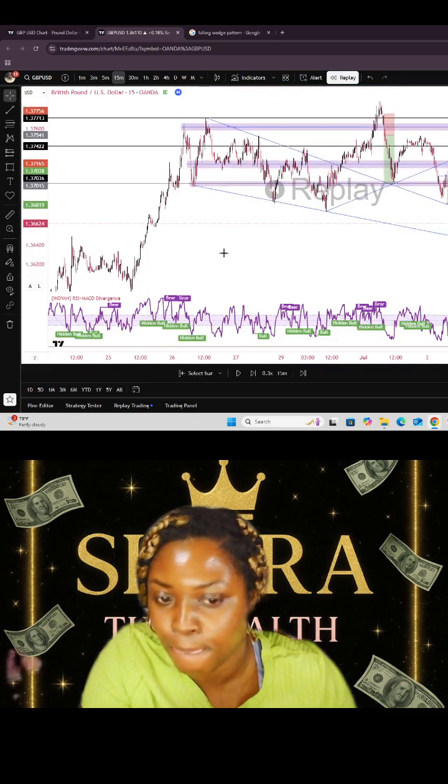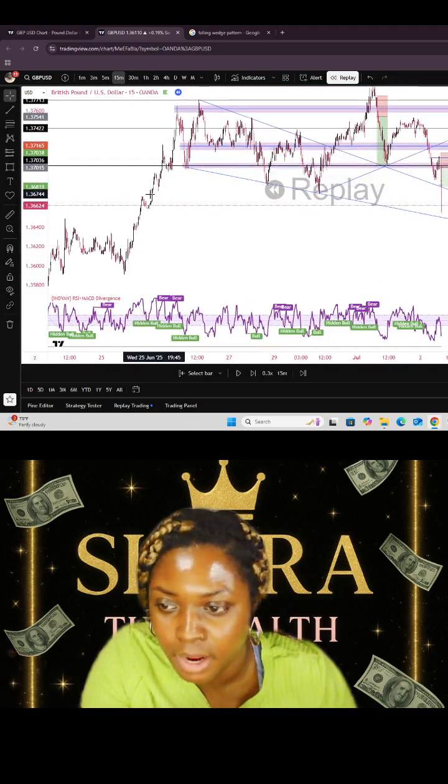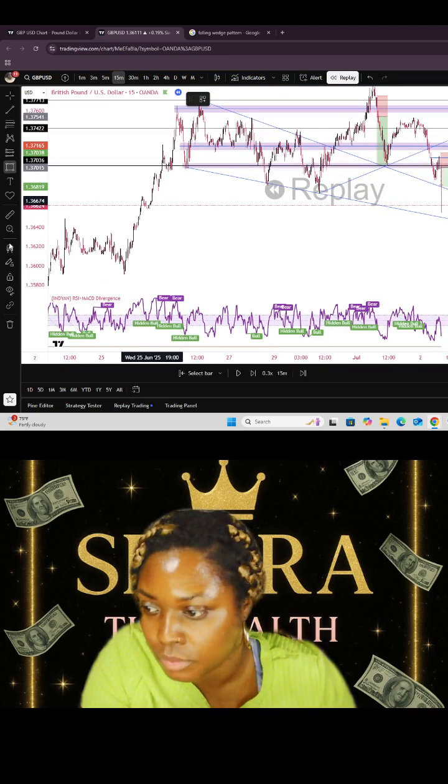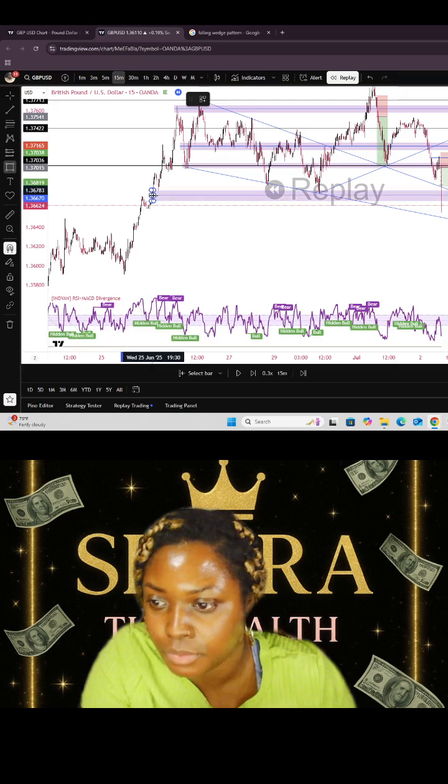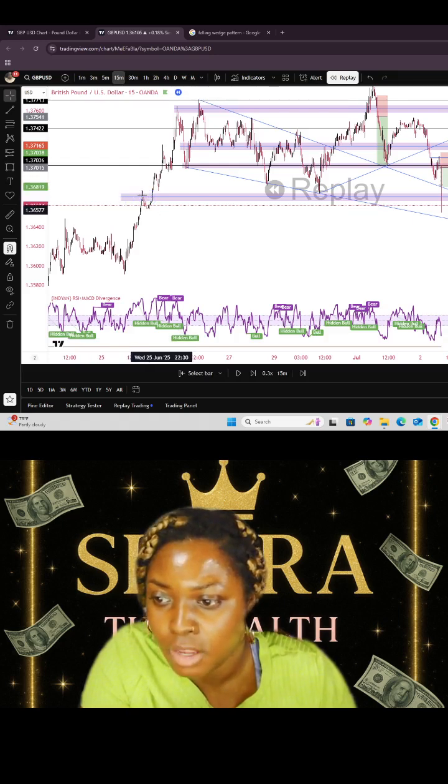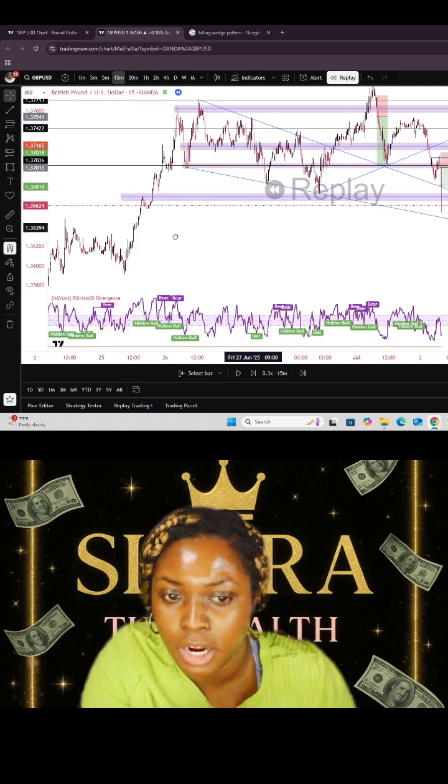Okay. So here's a fair value gap right here. We can use this for TP. All right, and then as you can see, if we pull that over, this is where we got this rejection here.